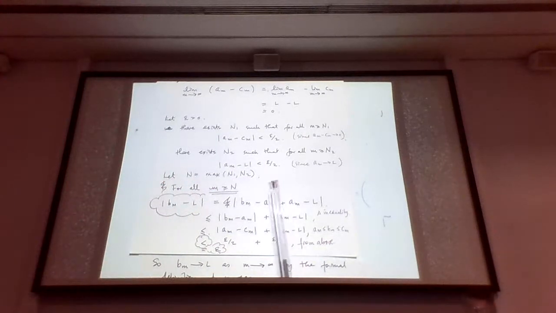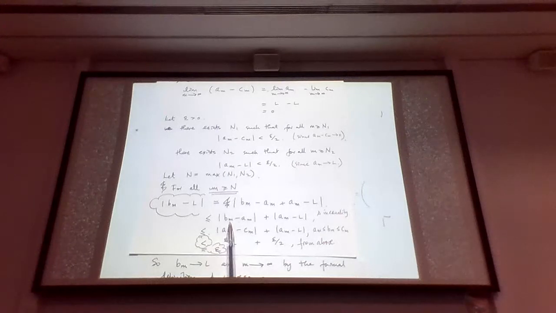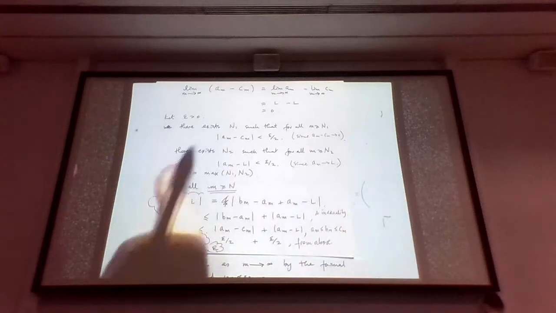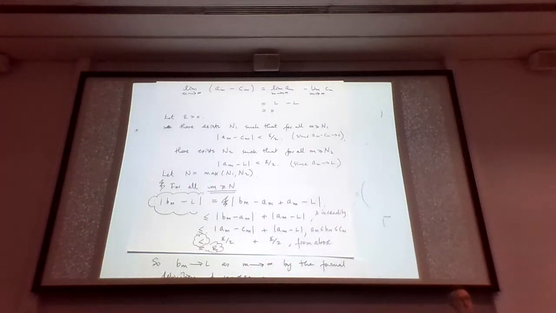And then, where did we use the inequality? The inequality between An and Cn was used down here, when I used the fact that the distance between Bn and An would be no bigger than the distance from An to Cn. The Bn is trapped between the two. The difference from some intermediate point to one of the endpoints is less than the length of the whole interval between An and Cn. So you should pick out in the argument where all the assumptions are used.